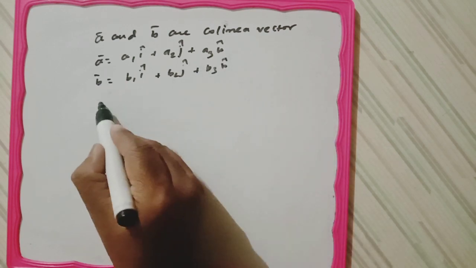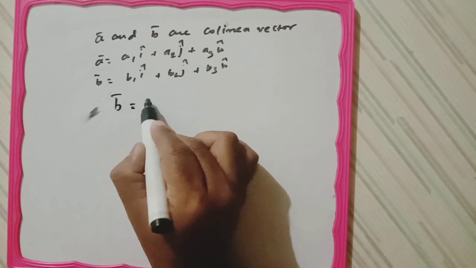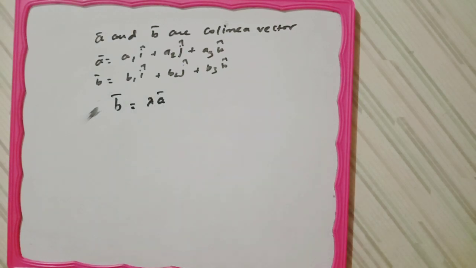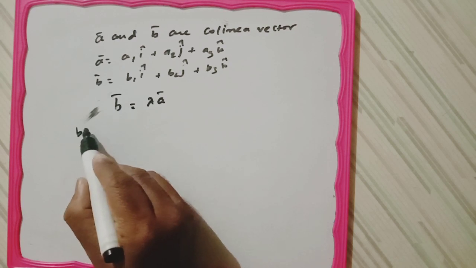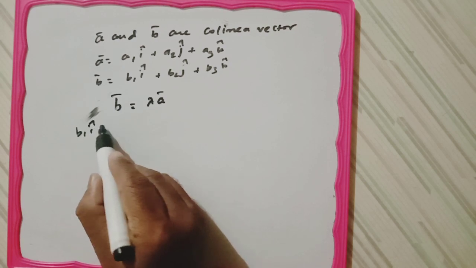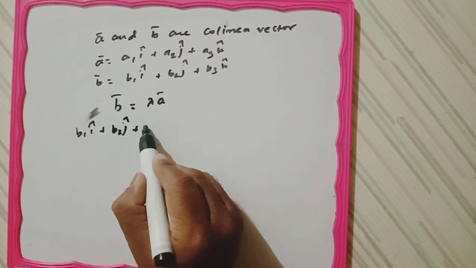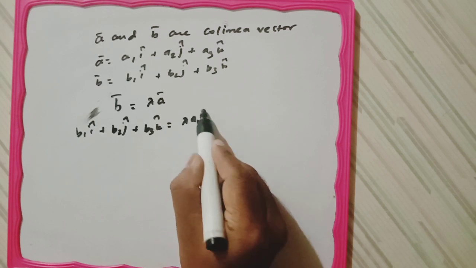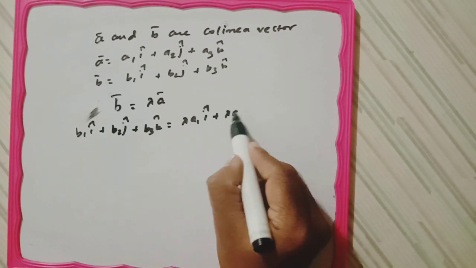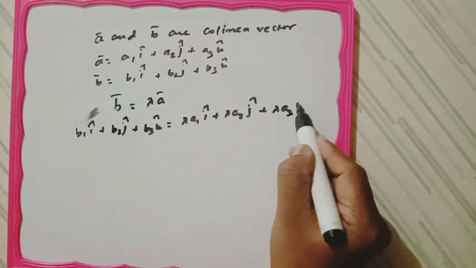But they are collinear, so we can write b bar equals lambda a bar, and so b1 i cap plus b2 j cap plus b3 k cap equals lambda a1 i cap plus lambda a2 j cap plus lambda a3 k cap.